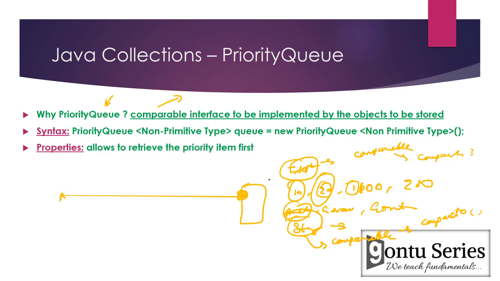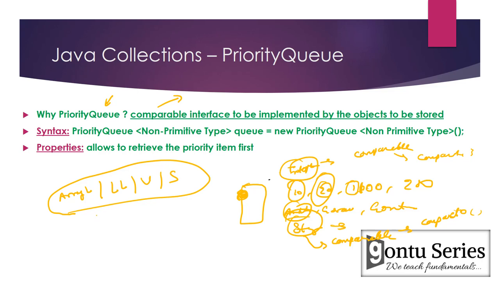But in case of ArrayList, LinkedList, Vector or Stack, you use the Comparable interface or Comparator interface only and only when you make use of the Collections.sort method. If you're not going to use Collections.sort, it's not mandatory for the objects you store here to implement Comparable, and there's no need to write comparators separately.